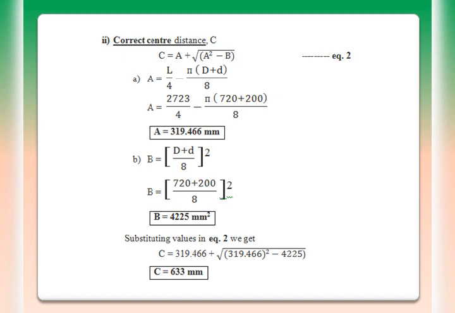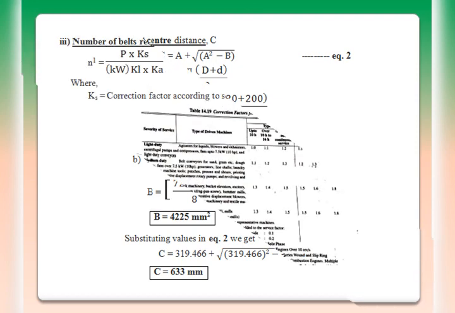So we are getting the correct center distance as 633. In the problem, the earlier center distance given was 600, but the exact center distance we just calculated is what we need to consider for the further calculation. Capital C is equal to 633. This is the correct center distance of the pulley drive.